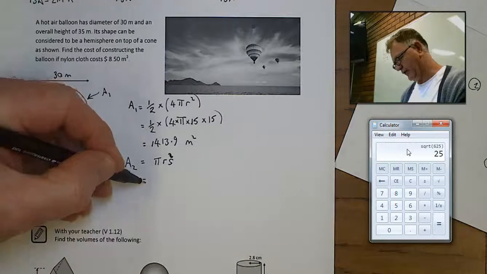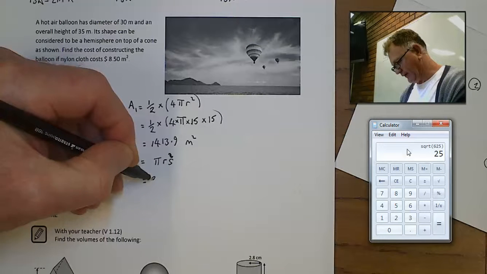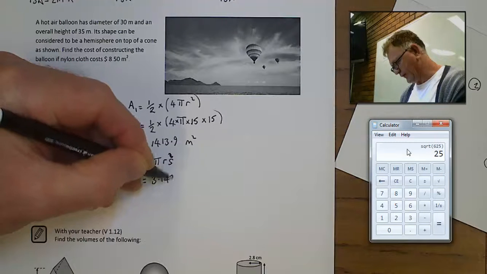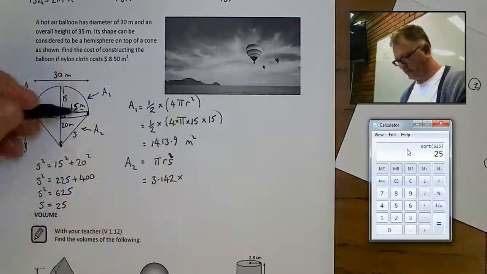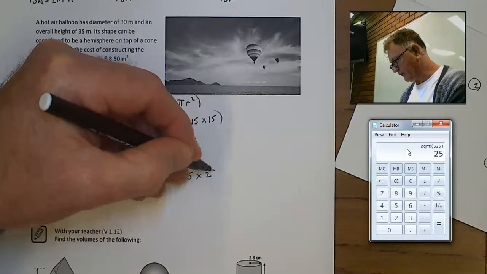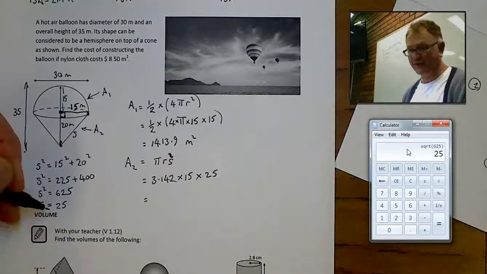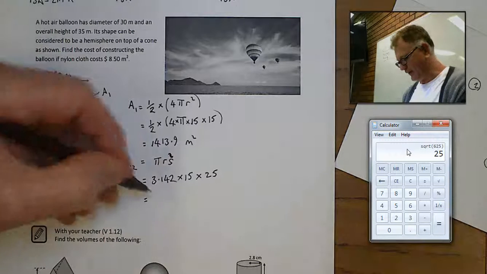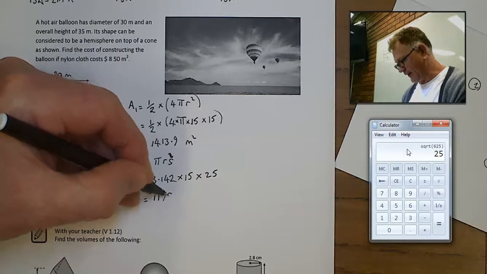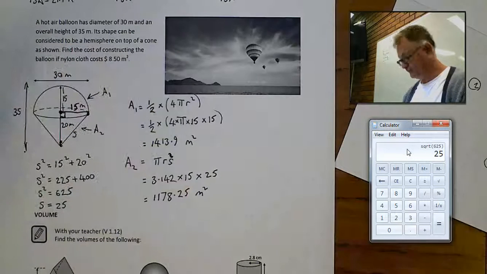I can use that in this formula where I'm trying to work out its surface area. Pi is 3.142, the radius was 15, and the slant height was 25. I've done all this beforehand on my calculator, so I do know the answer: 1178.25 metres squared.